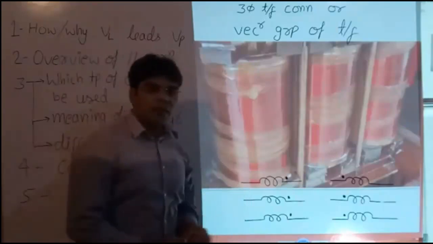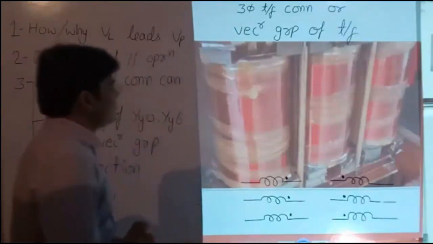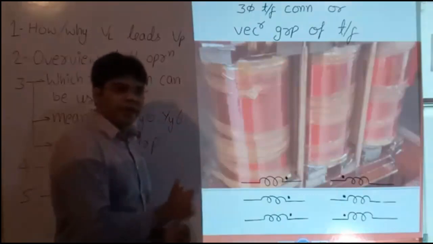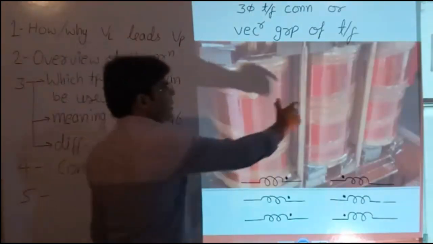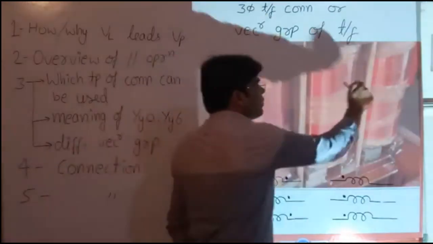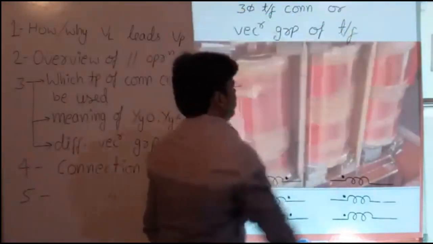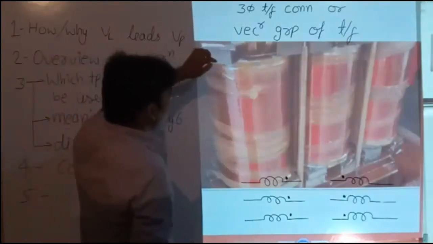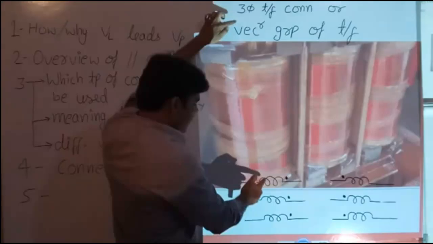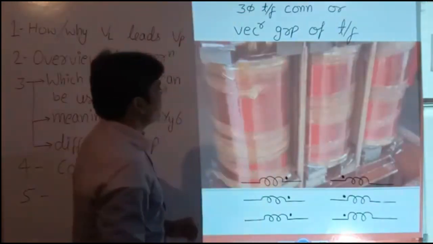So there are a total of 6 terminals, but there are 3 more windings. One inside this winding, one inside this, and one winding inside this winding. And this internal winding will also have one upper terminal and one lower terminal.